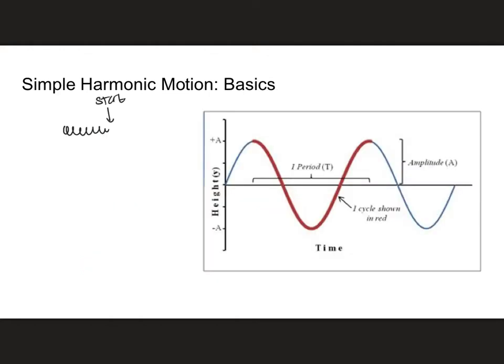One of the most common ways to represent simple harmonic motion is through graphs, and this is very common in the AP Physics test, especially because we don't learn about waves anymore. So this graph may look a little complicated, but it's actually pretty easy to understand. On the left side, you'll see I have a really great drawing of a spring. Let's say I have my start, which is right here at equilibrium.